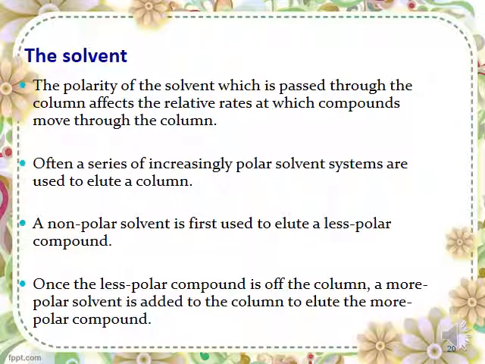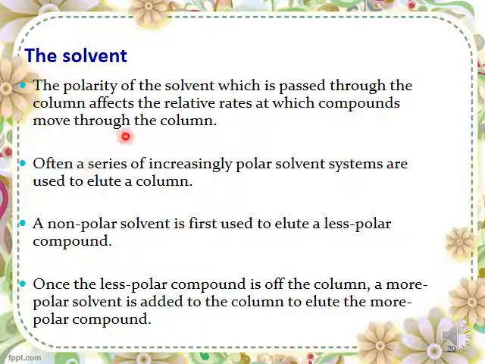The solvent, which is the mobile phase, will be used to carry the sample down the column, or upwards in TLC or paper chromatography. Normally we use non-polar solvent first.